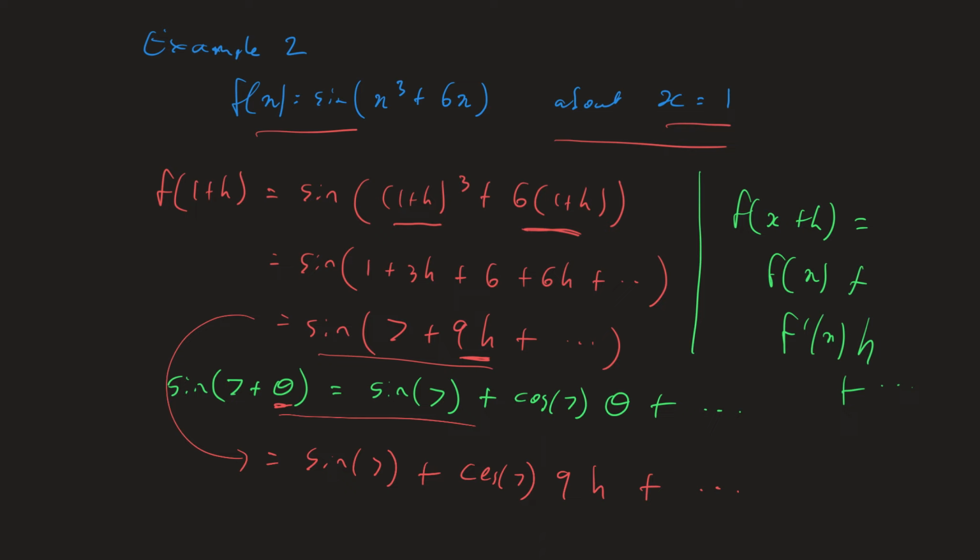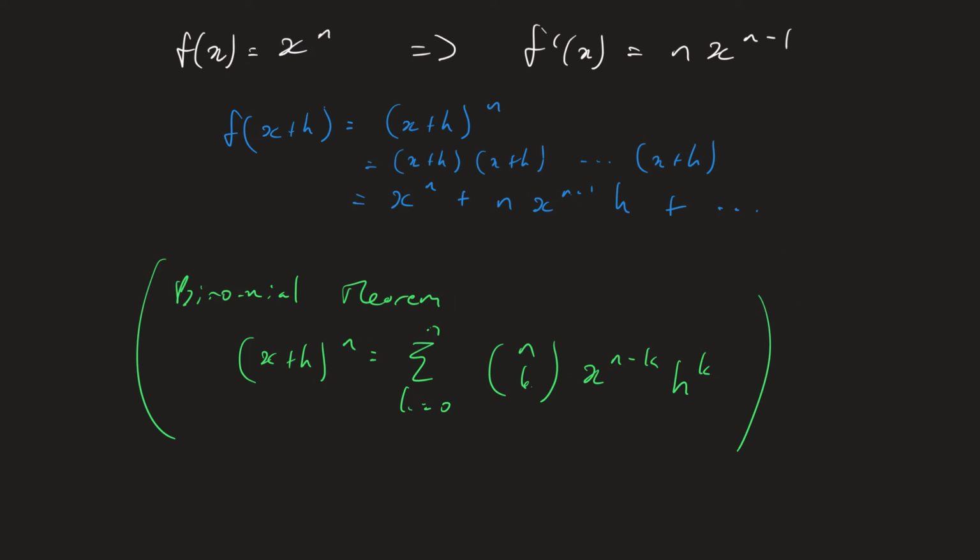The conclusion is that the derivative of f of x at x equals 1 is 9 times cos 7. More importantly though, our best linear approximation of our function about x equals 1 is sine of 7 plus 9 times cos 7 times h. Indeed, we only really care about the derivative because we care about first order approximations.